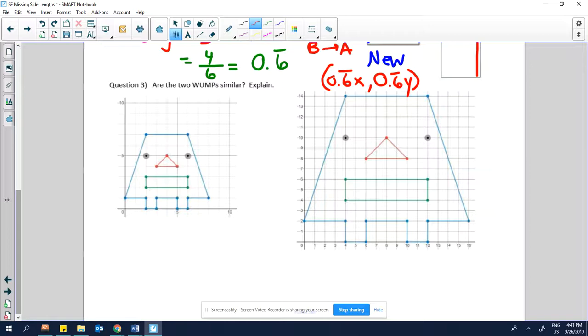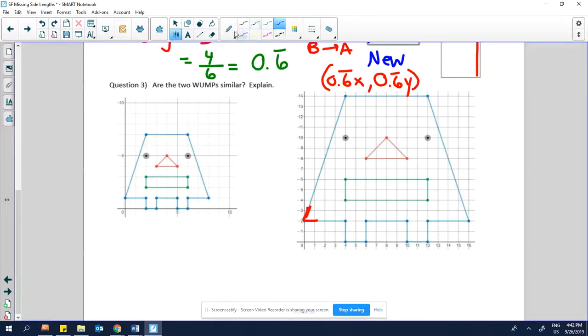Do they look the same? Yes, he just looks larger. Let's check the angles. Okay, let's see. All right, if I drag this over, yep, that angle looks good. And I can see these are still 90 over here. Let's check the side lengths.